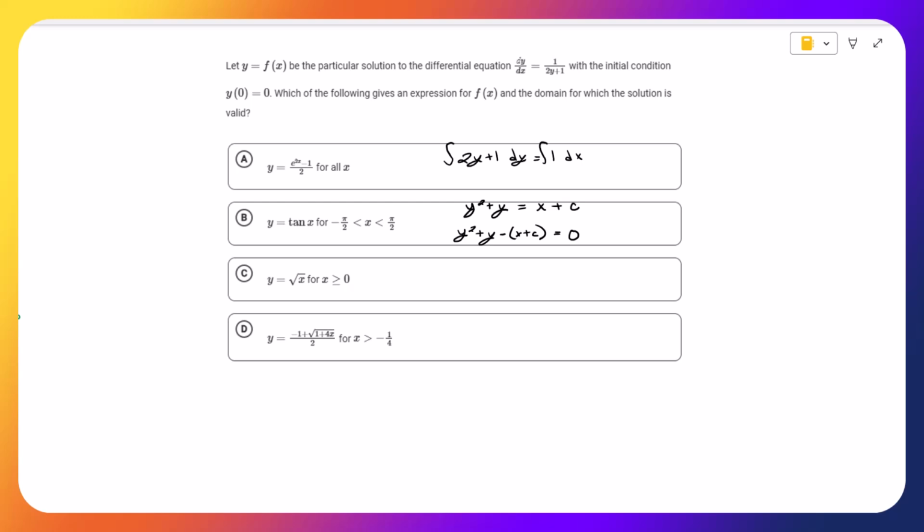So y equals negative b plus or minus the square root of b squared minus 4ac, divided by 2a.